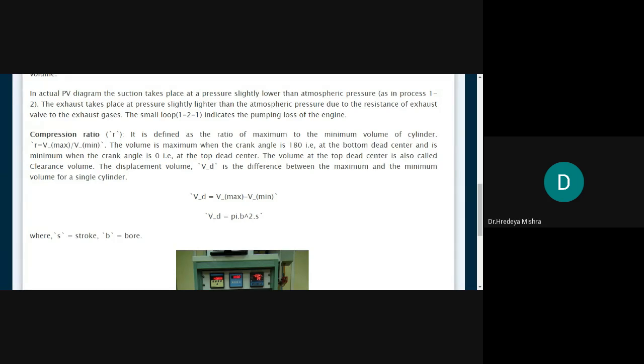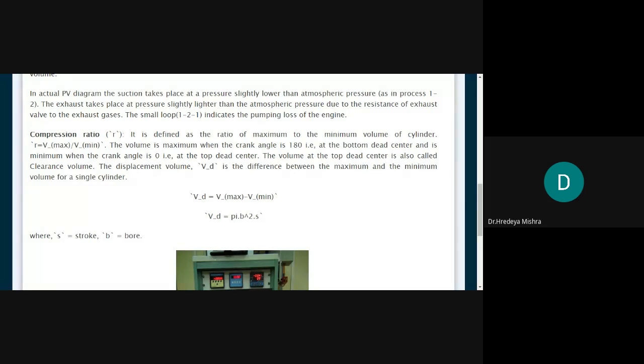In the theoretical case, the suction was happening at atmospheric pressure, but in actual, the suction stroke is below the atmospheric pressure. As for process 1 2, the exhaust takes place at a pressure slightly higher than the atmospheric pressure due to the resistance of the exhaust valve to the exhaust gases.